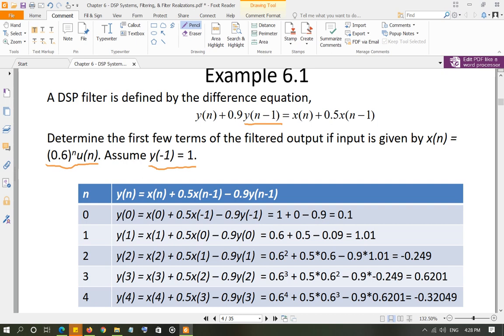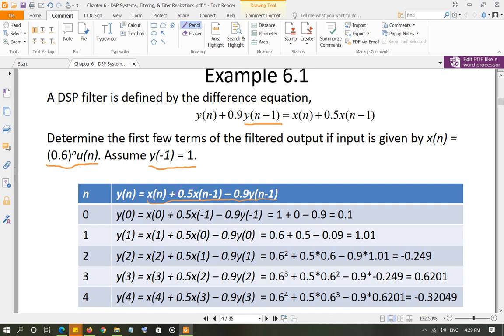That is, what will be y of 0, y of 1, y of 2, and so on. We are doing only the first few terms. So all we have to do is use the difference equation and write it down as y of n is equal to x of n plus 0.5 x of n minus 1 minus 0.9 y of n minus 1, which is right over here.